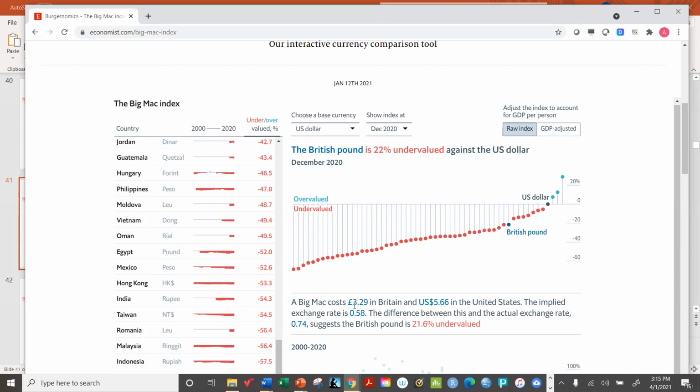Here, they're saying that a Big Mac costs £3.29 in Great Britain and $5.66 in the US. The exchange rate here is 0.58, which means pounds per dollar. Let me convert that into dollars per pound.